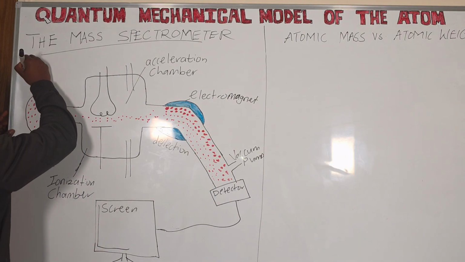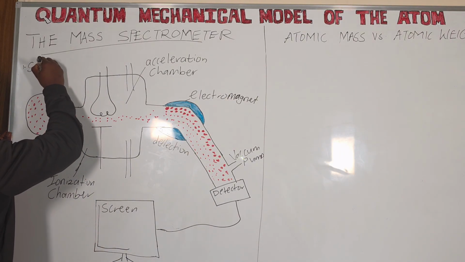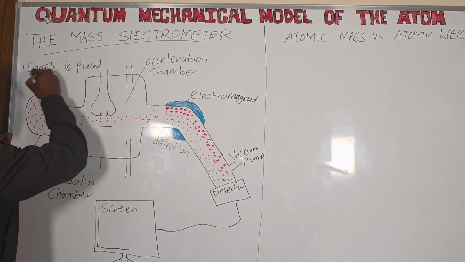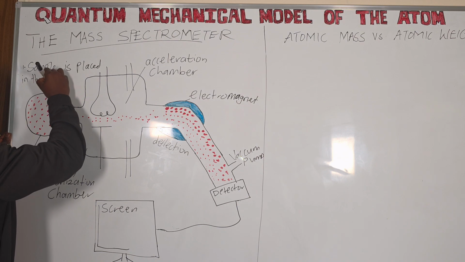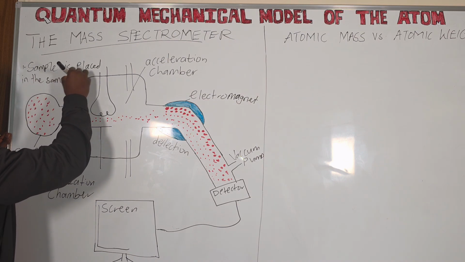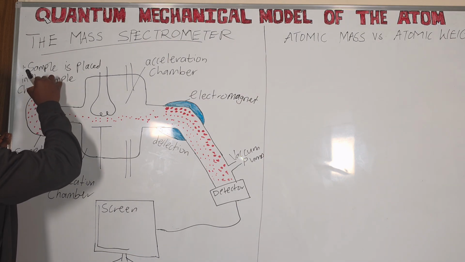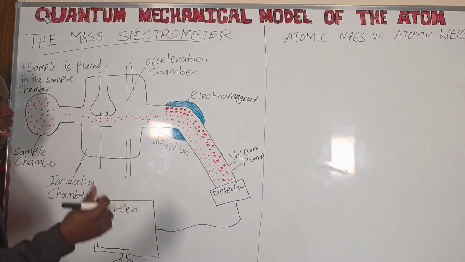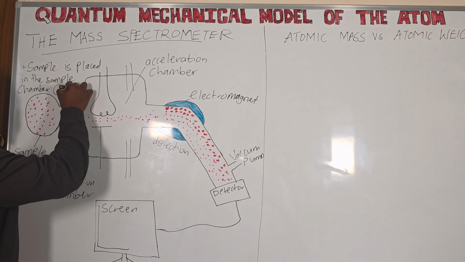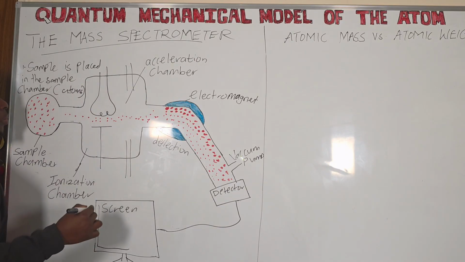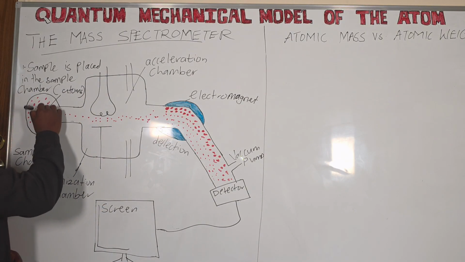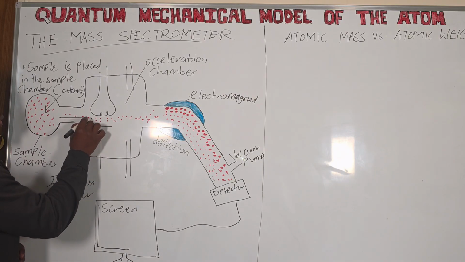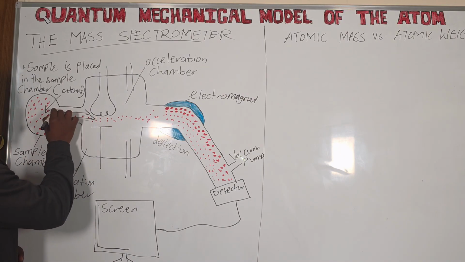So first, the sample is placed in the sample chamber. And the sample could be atoms, ions, molecules, compounds, but in our case, we want atoms, right? So the samples are put into this sample chamber. From the sample chamber, the particles move to the ionization chamber.